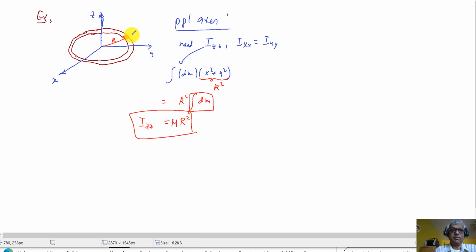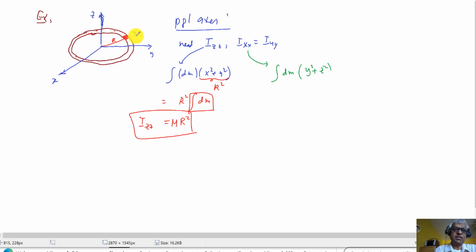How about I xx? Well, we start the same way. Let's look at I xx. I xx will be the integral of dm times y squared plus z squared.